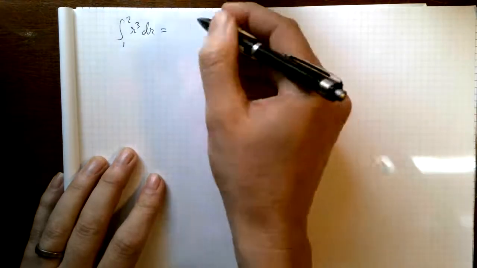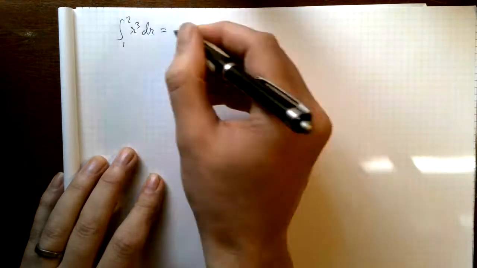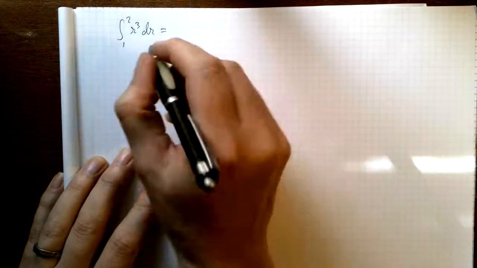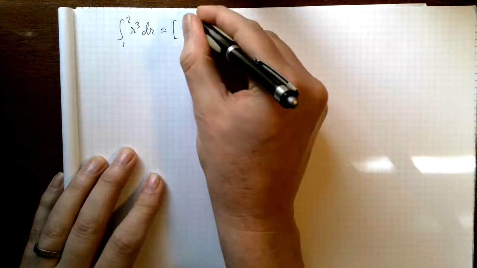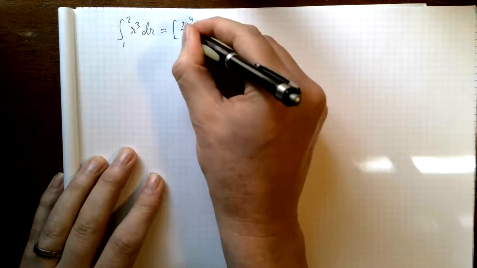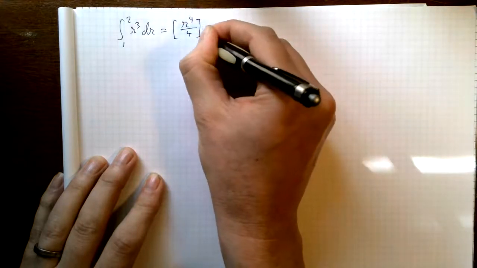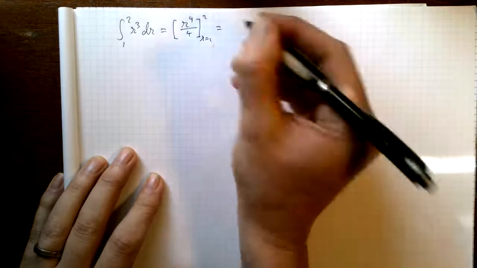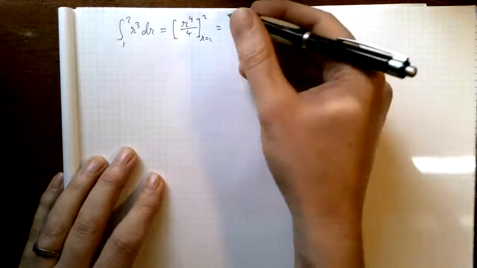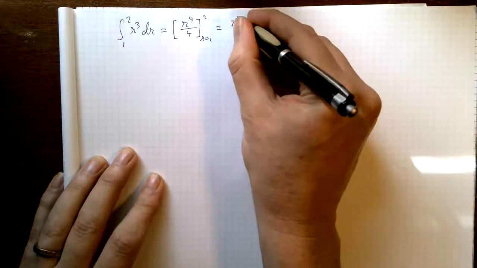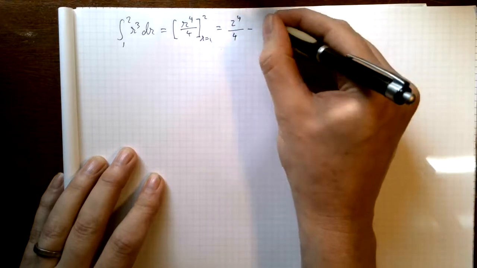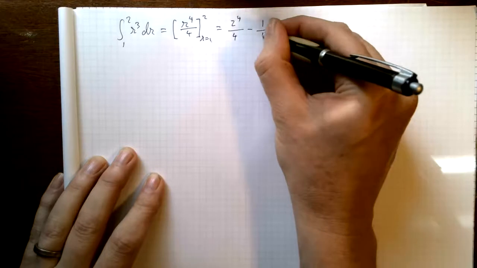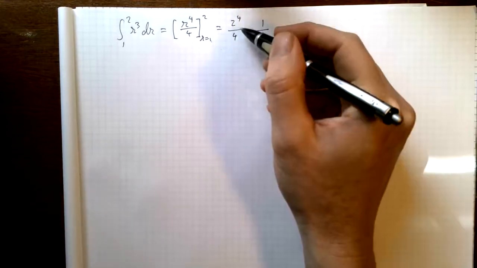So here we have the integral from 1 to 2. So this is 2 to the 4th divided by 4 minus 1 to the 4th divided by 4.